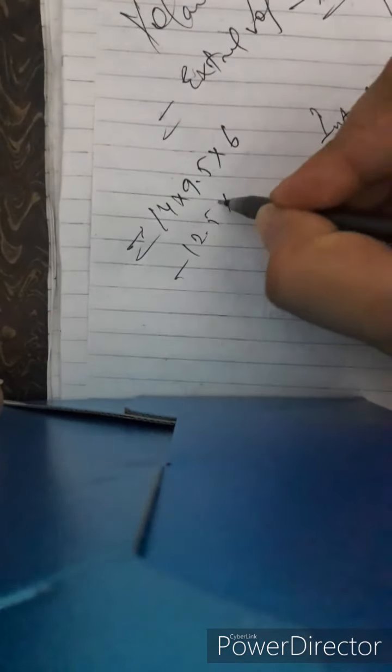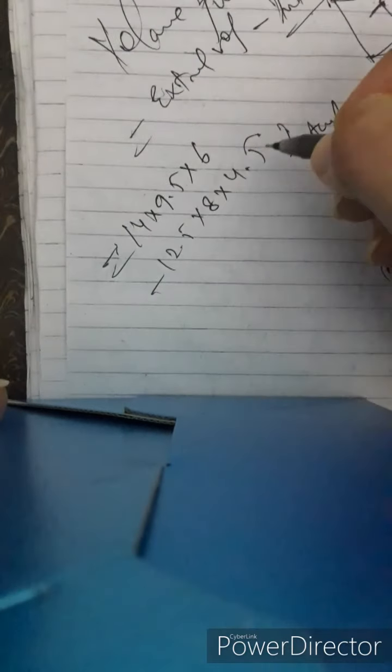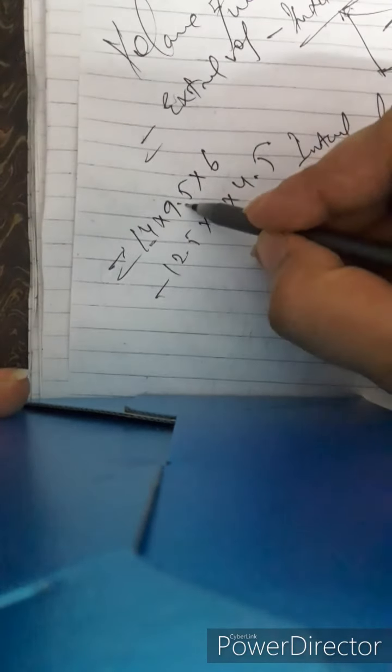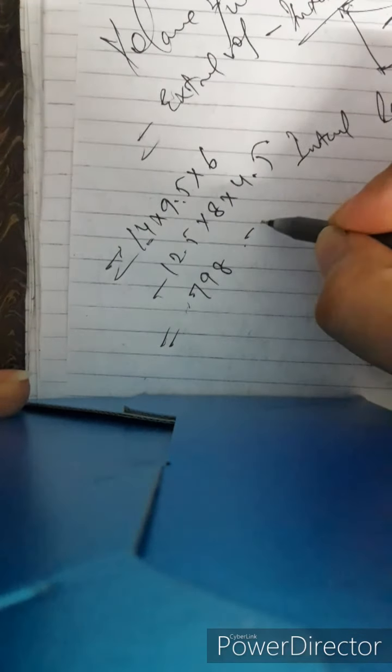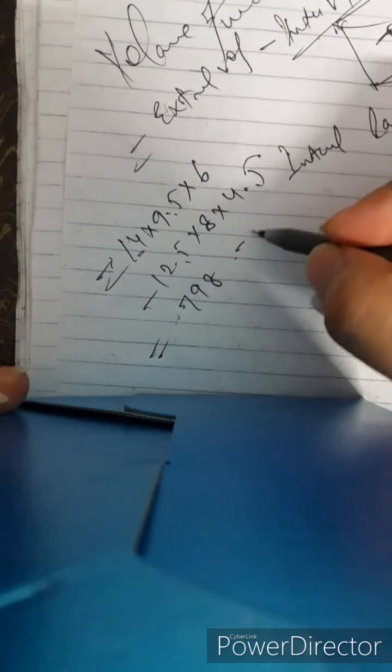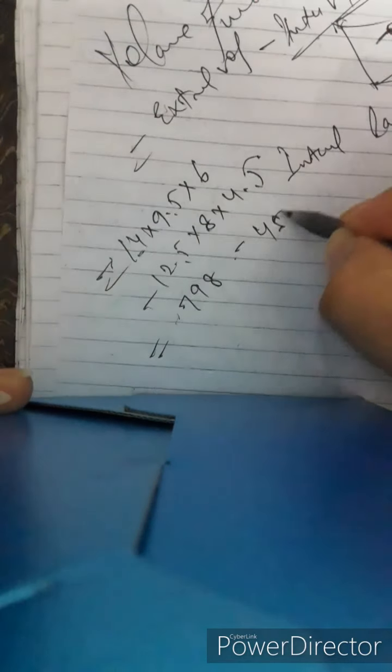So 14 into 9.5 into 6 becomes 798, minus 12.5 into 8 into 4.5 becomes 450.